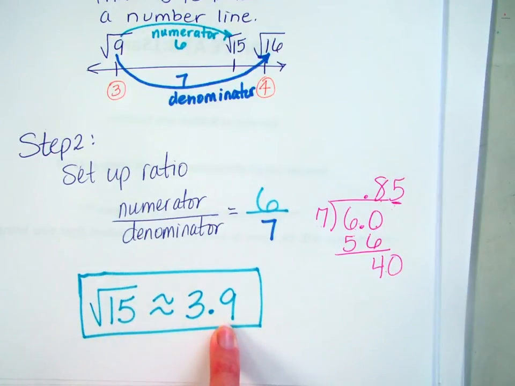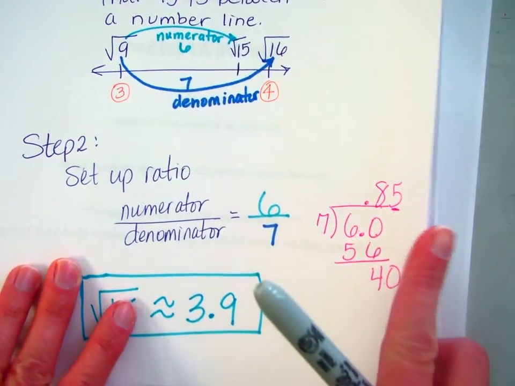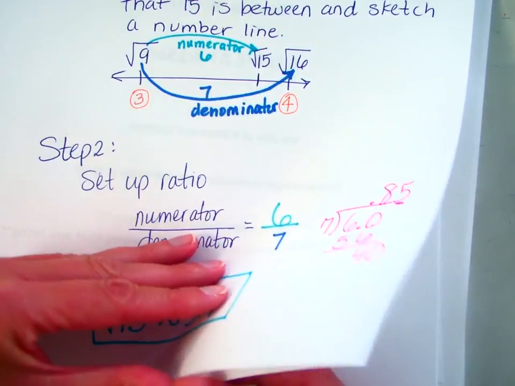All right, let's try another one. I know this is new. All right, so let's say we're trying to find now the square root of 32.